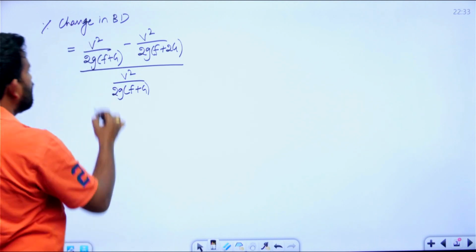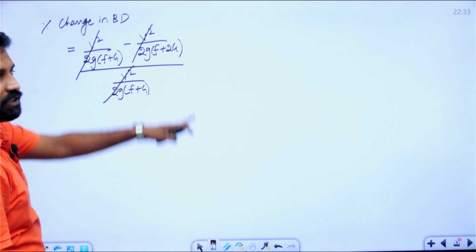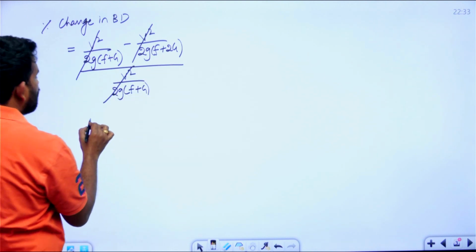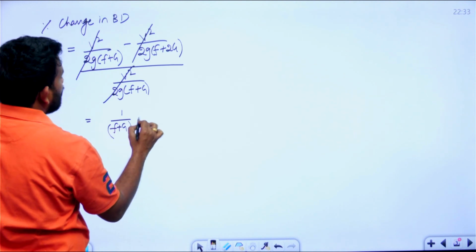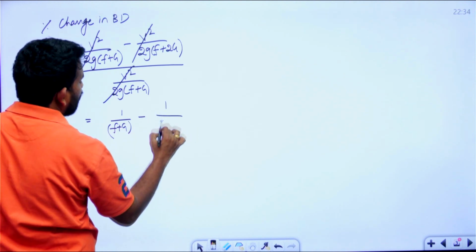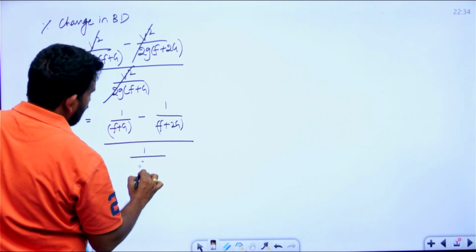You can see V square upon 2g is common in everything. So here I am left with 1 upon (f plus g) minus 1 upon (f plus 2g), by 1 upon (f plus g).